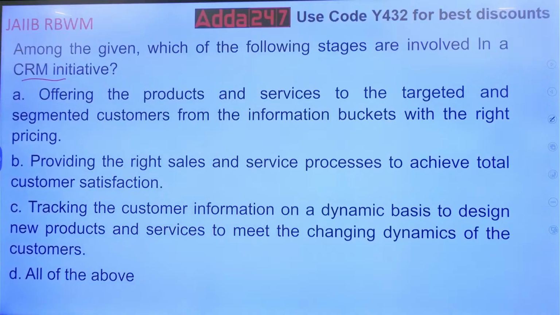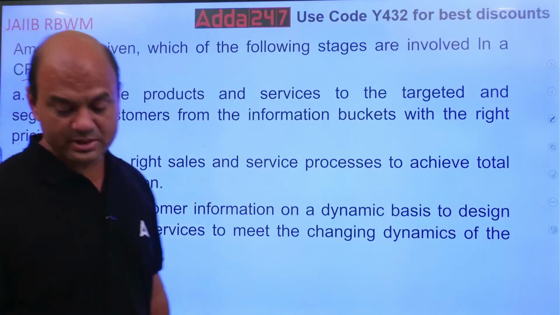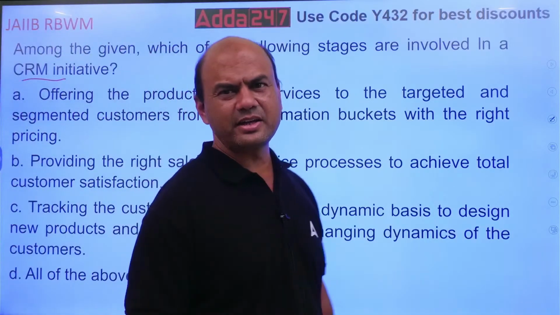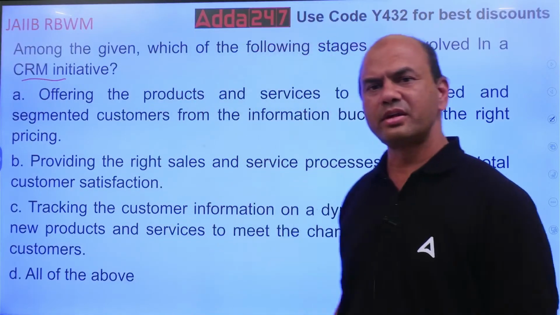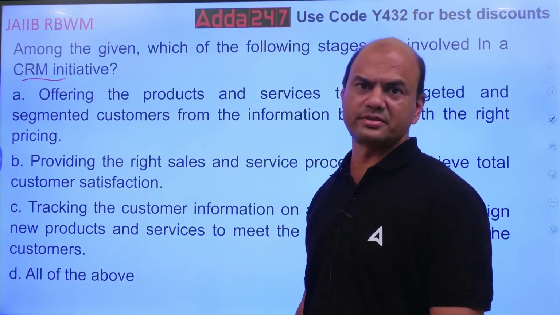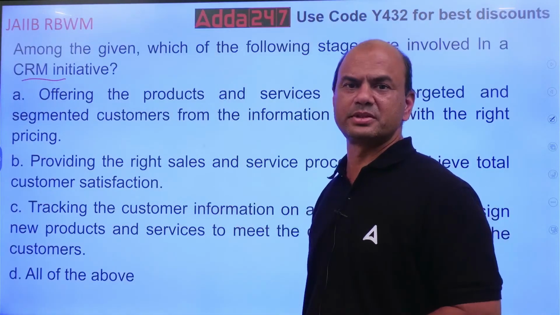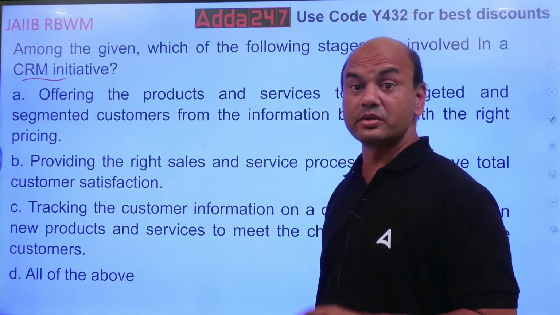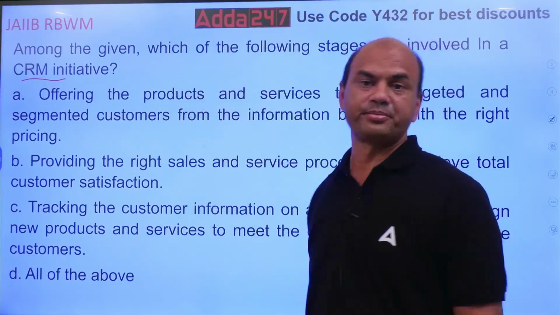All the HNI clients you have to track using CRM, so that they give you better business. It's the 80-20 principle: 80% of the business comes from 20% of the customers. These 20% customers you track using CRM.